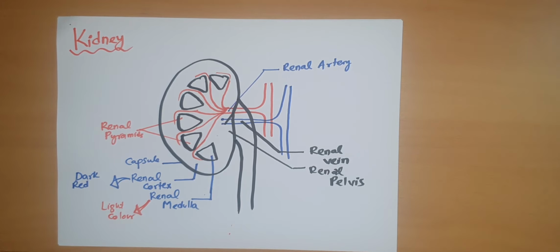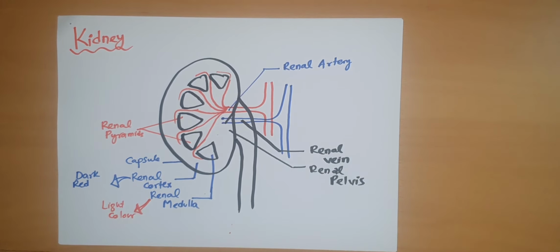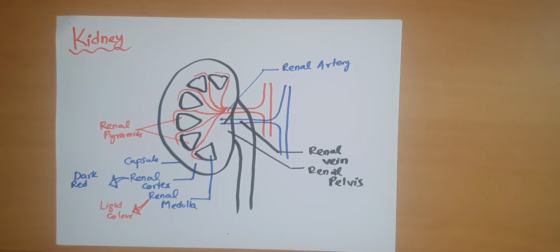Now these arcuate arterioles, then they divide to form afferent arteriole, which later on divide to form the glomerulus, and we will learn about that in detail during the lecture about the nephron structure and its function.